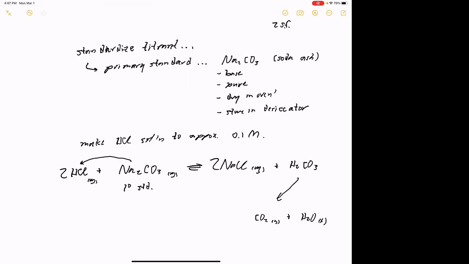You use a primary standard in order to standardize or determine the exact concentration of a titrant that you otherwise wouldn't be able to do. Now, once you got that, you can use that titrant to then go off and react with another base that you want to react it with, and another titration where the base now would become the analyte. Does that make sense?